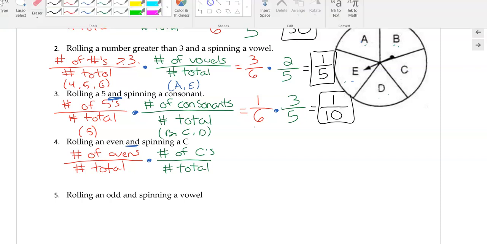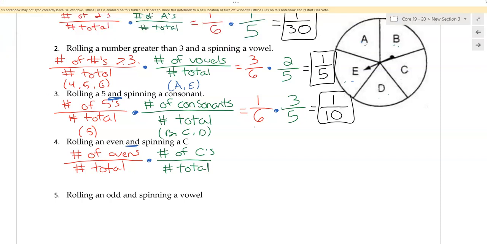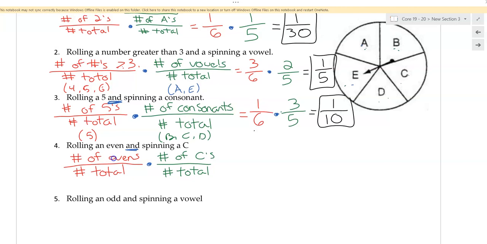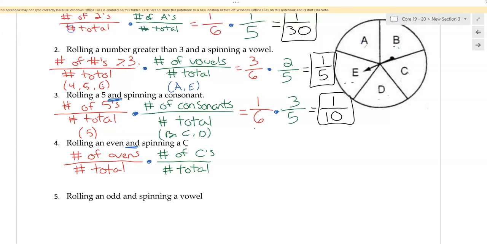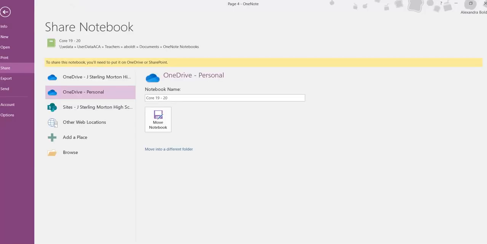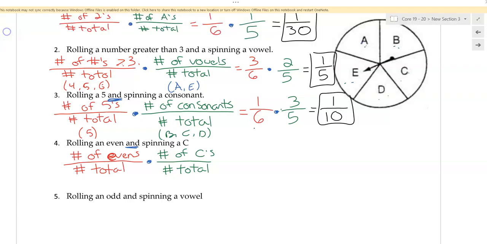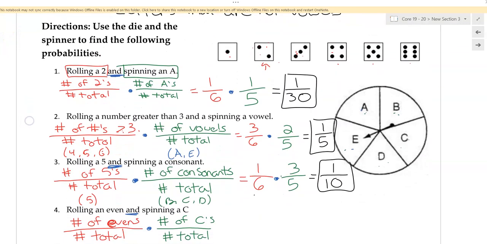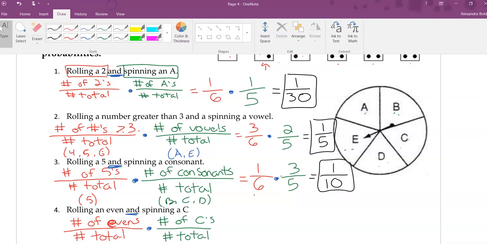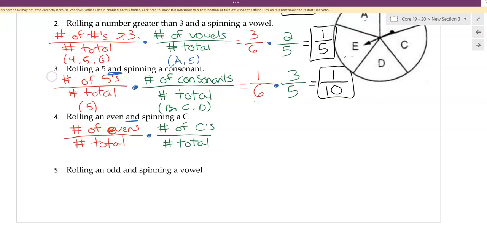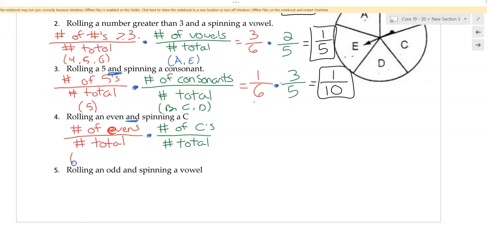My evens are 2, 4, and 6, so that means I have 3 of them.